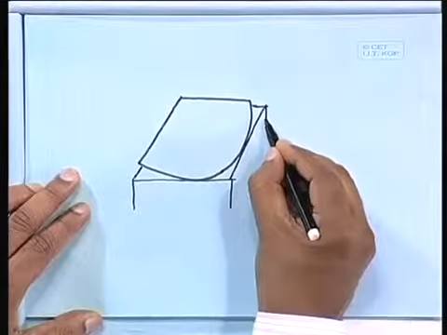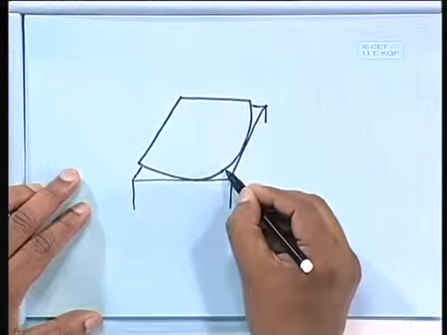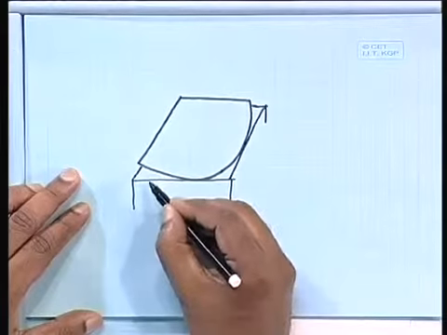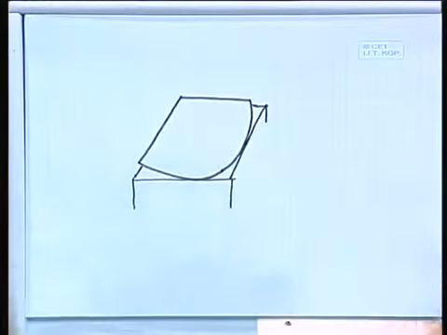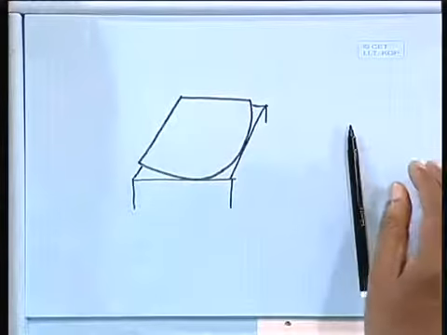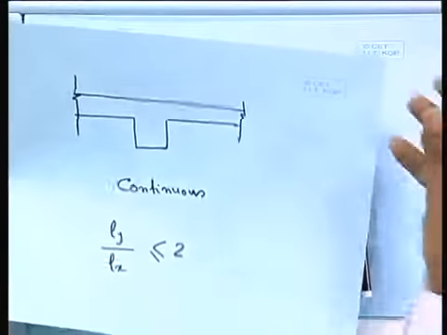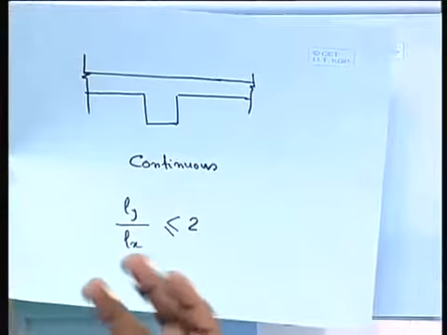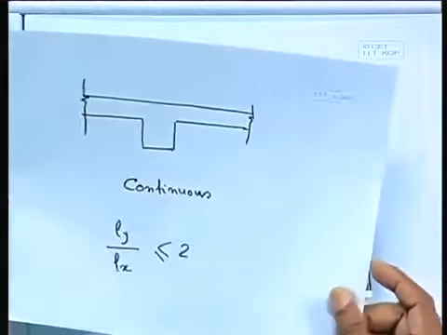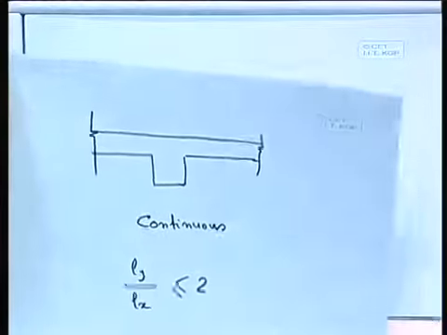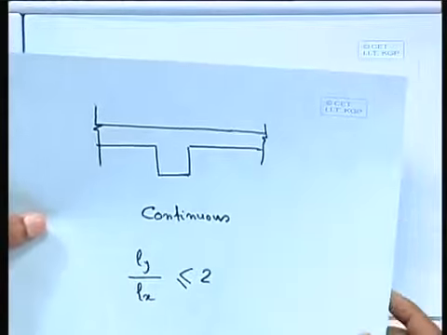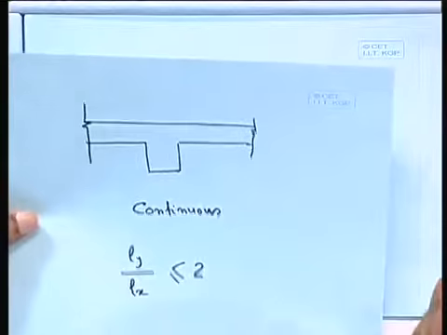Initially it was like this, and due to the simply supported case, if you put a plate like this, due to bending you will find that the corners will go up. So if we have to keep it in proper position, we have to provide reinforcement at the top as well as at the bottom.